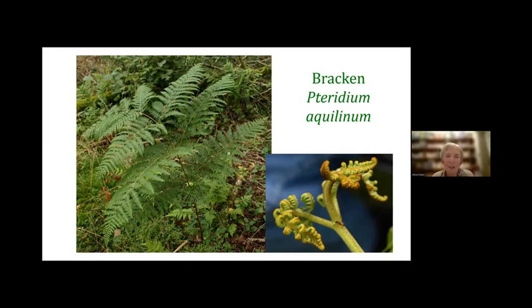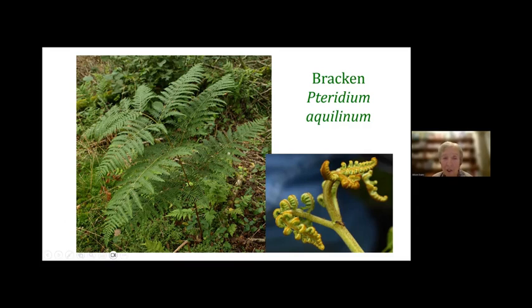And then I'm sure you know what this is, but the number of people who've said to me, "Is bracken a fern?" Well, yes, it is, and it's a large branched fern.